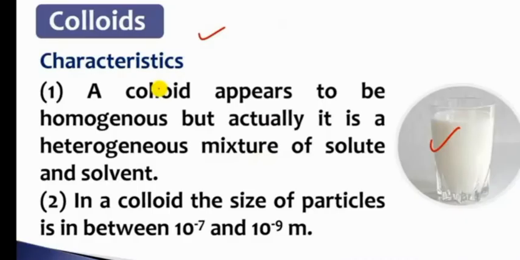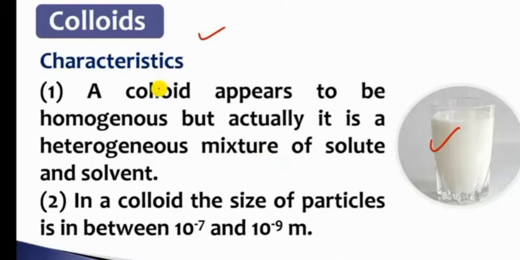A colloid appears to be homogeneous but actually it is a heterogeneous mixture of solute and solvent. Like in this picture you can see it is milk. This is an example of colloid. Milk dissolved in water is called homogeneous, but actually it is a heterogeneous mixture of solute and solvent.